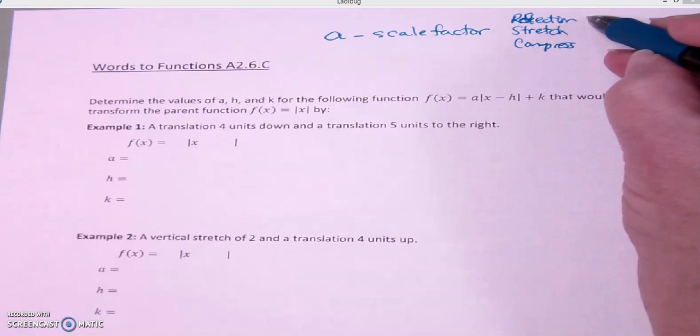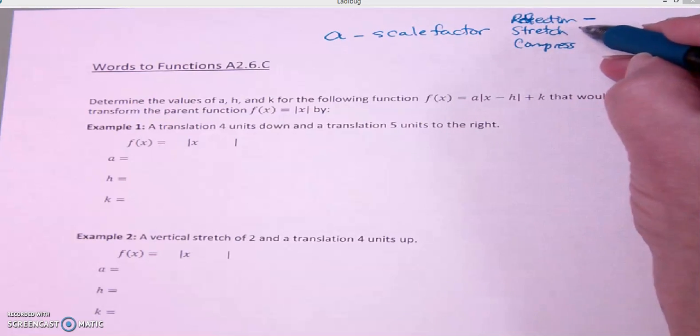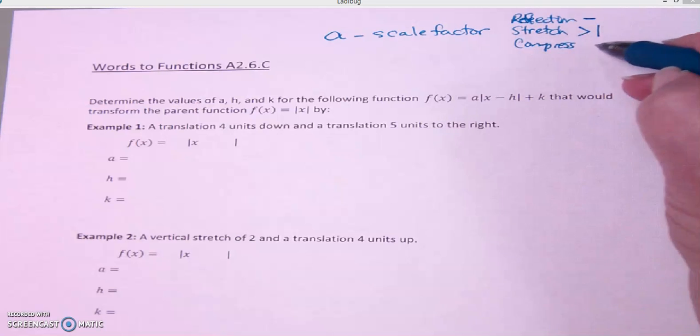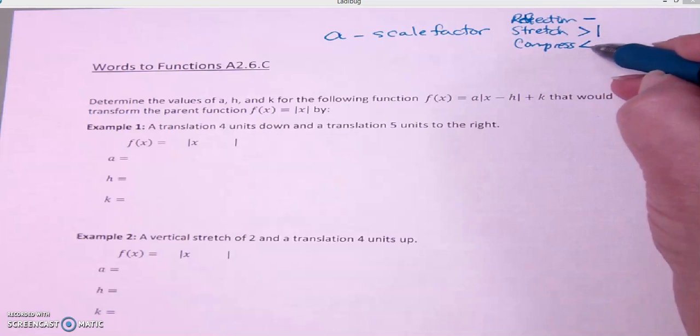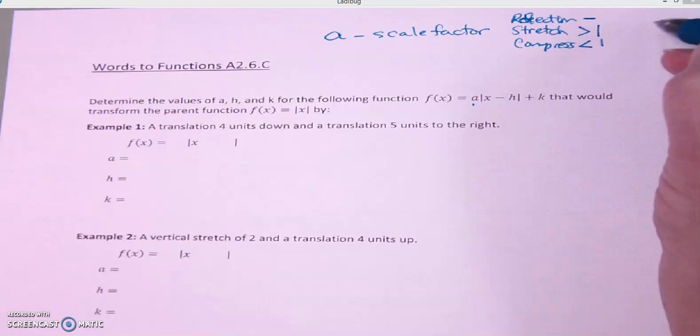Reflection, that a value will always be a negative number. It's going to flip that across the x-axis. Stretch, your a will always be greater than 1. And compress, your a will be less than 1. If you don't have a number in front of your absolute value, then that is just understood to be a 1.